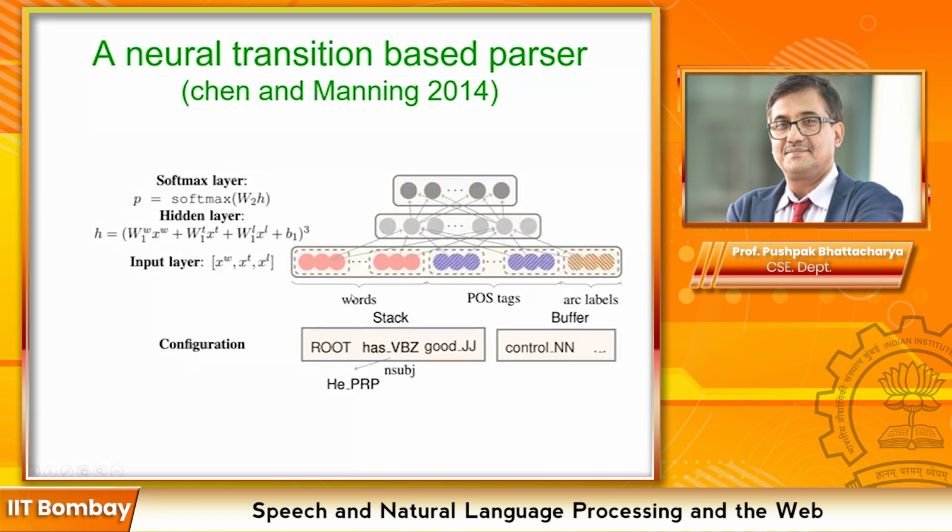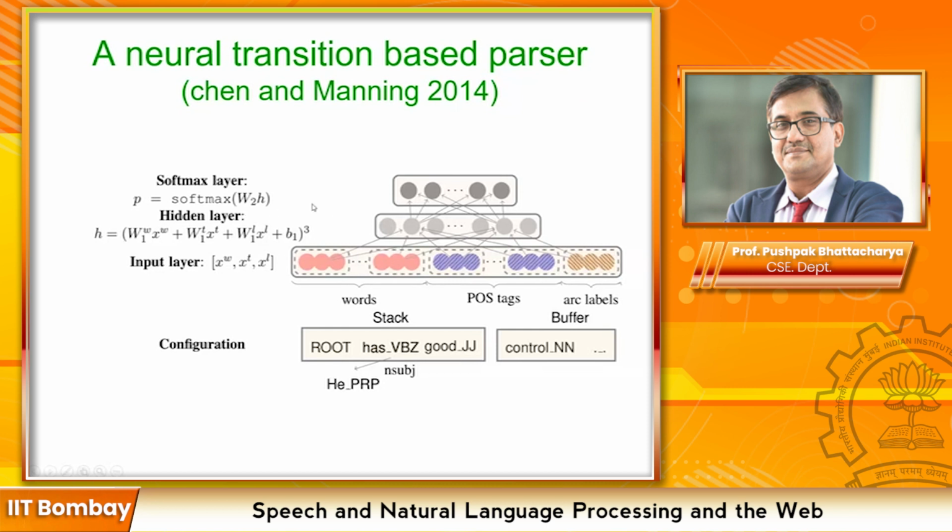So three compartments in this deep learning network: the words, the part of speech tags, and the arc labels. Arc labels are the labels like nsubj, dobj, subject, object, location, time, those labels. So based on that, the decision is made through computation in the intermediate layer.